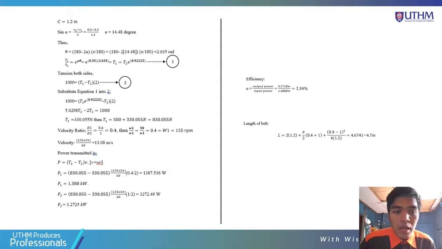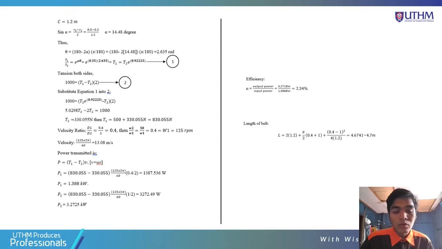We use the information given from the task, and we substitute into the formula, and we get the first equation and another equation to substitute again, and we get T1 and T2. From T1 and T2, we can substitute in the formula of power transmission, which is P is equal to T1 minus T2 multiplied by V.